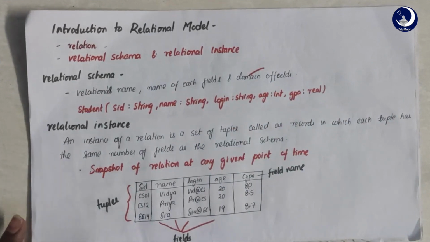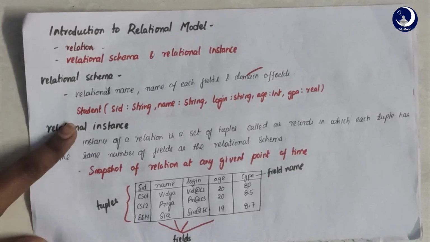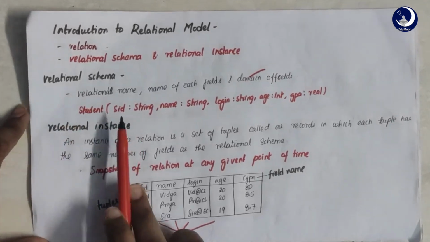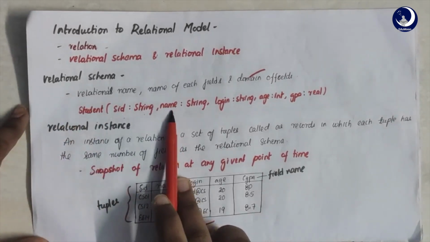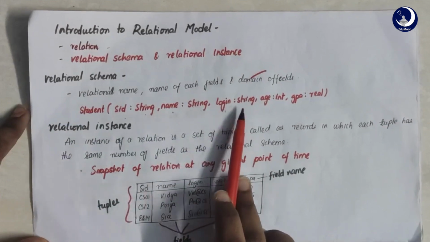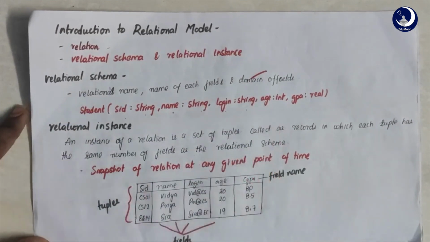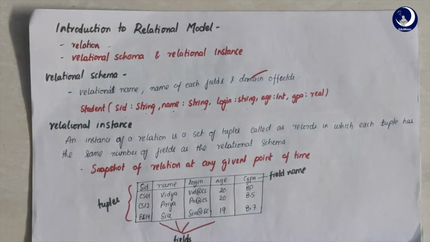Let's take an example: Student(SID: string, name: string, login: string, age: integer, GPA: real). Here SID, name, login, age and GPA are the fields. Student is the relation's name, and string, integer, real are the domains. That means a set of permitted values for that attribute.